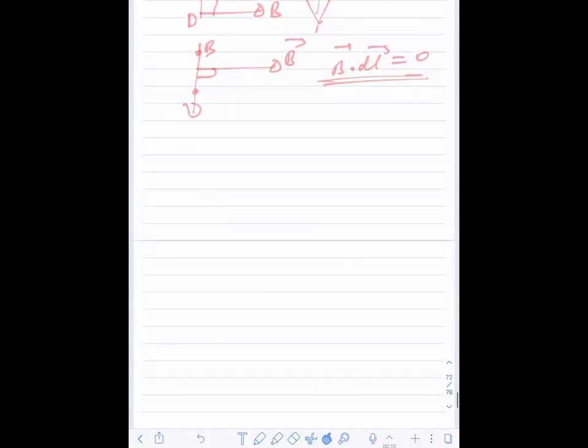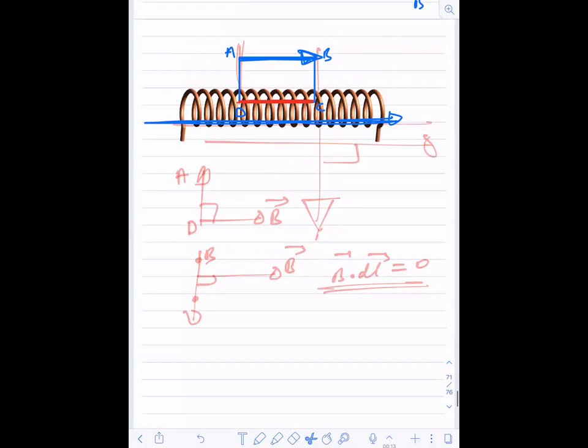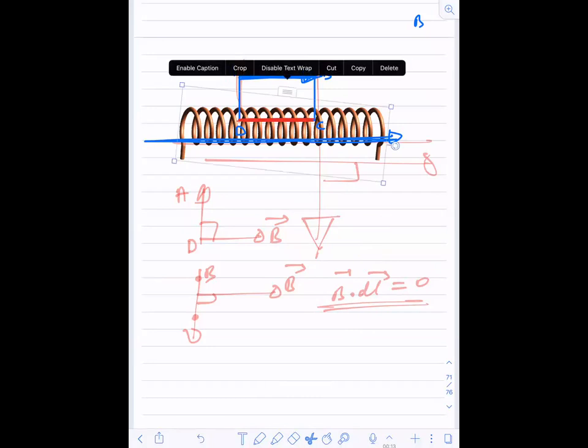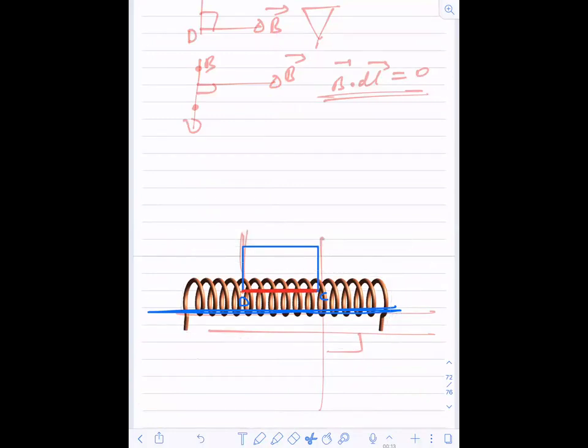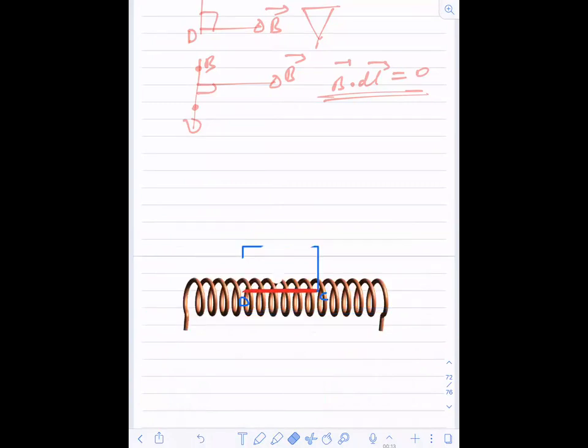Okay, just see here now. If you take any random shaped loop, suppose I'm taking a loop like this.